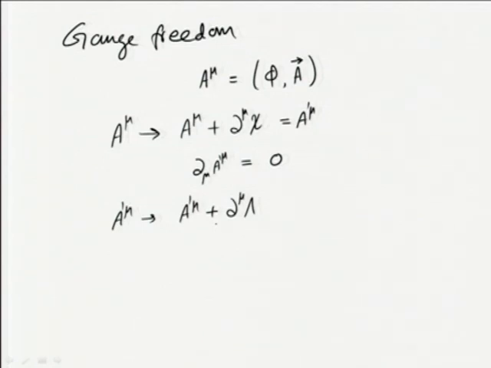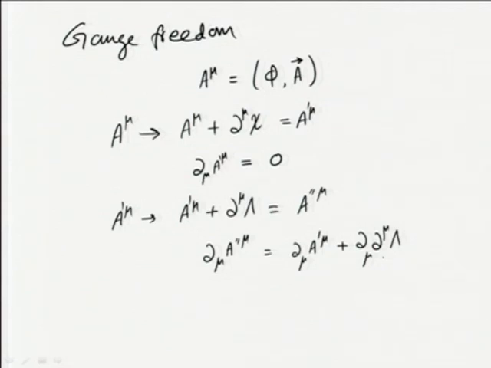But we have to check whether the divergenceless condition of A prime mu is also conserved. If you take the divergence of the new field A double prime mu, then we will have divergence of A prime mu plus dou mu dou mu of lambda.